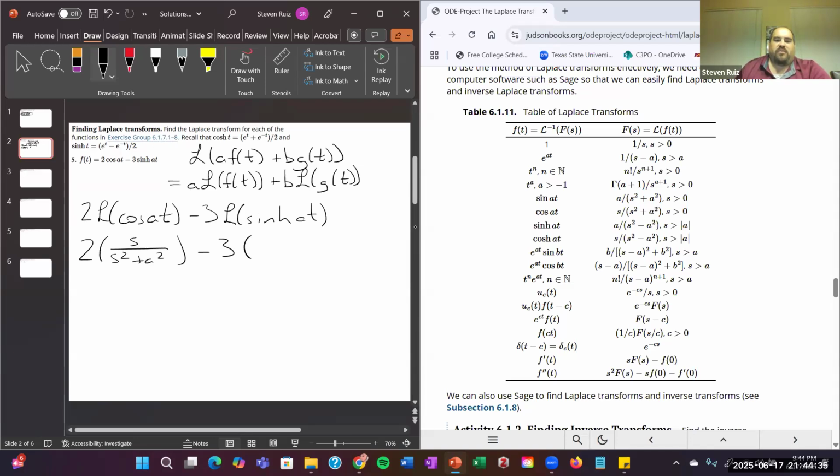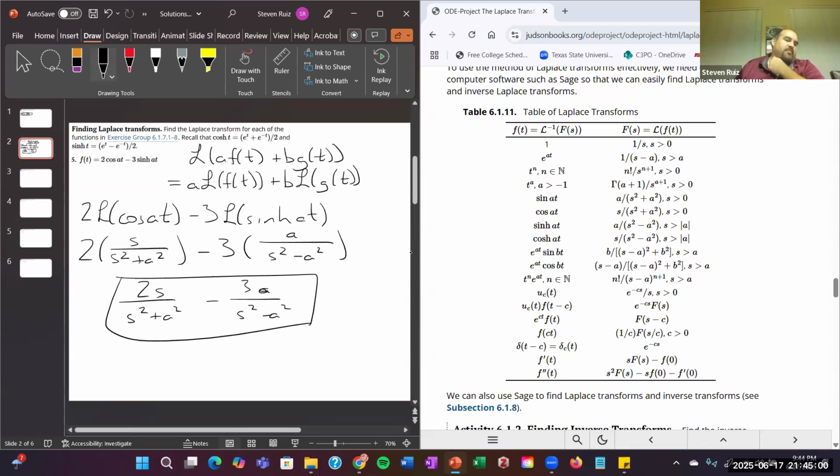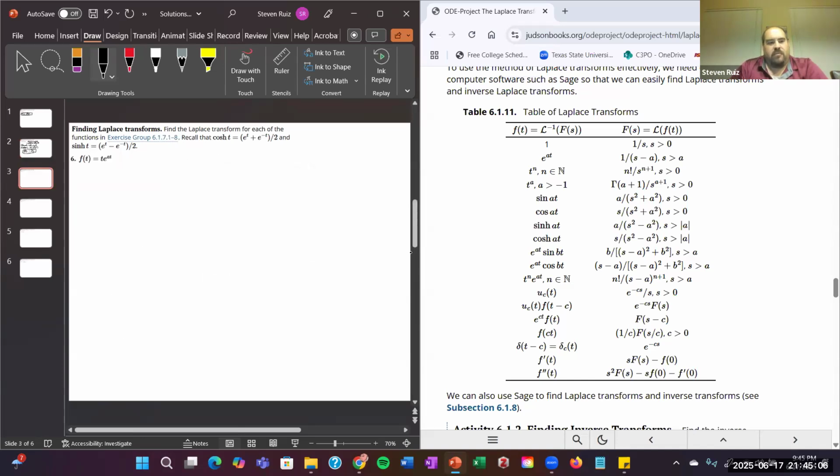The Laplace transform of sinh of at is a over s squared minus a squared. So one last move here: 2s over s squared plus a squared minus 3a over s squared minus a squared. You don't need to break everything down into that many steps, but I just wanted to explain why that's possible.